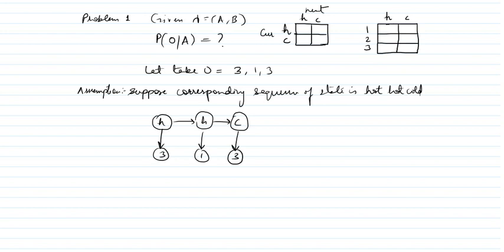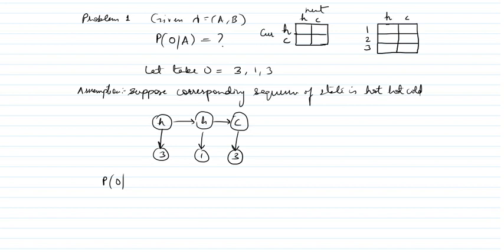Given this lambda, we can easily calculate P of O given lambda, comma, sequence of states H, C. Lambda is also given and this is also given, right? So in simple terms, we will not be writing that lambda is given. We will assume that it's given to us.